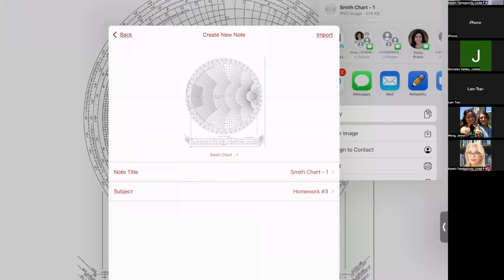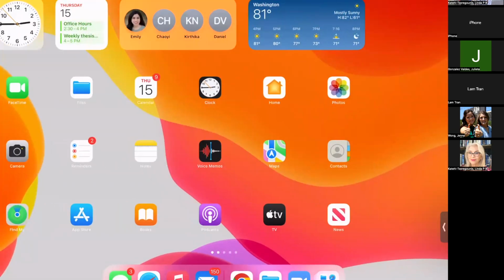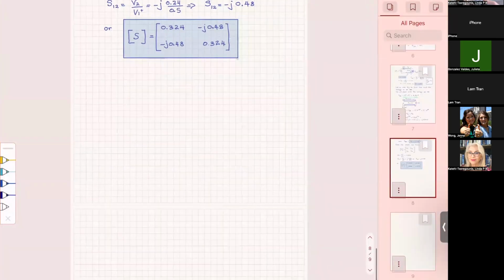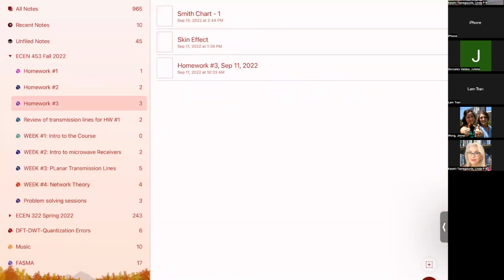All right, so we have that. So now we can go to Notability. Okay, so I'll solve a different problem, but I will do it on the Smith chart so you can see how to do this one. So let me close this one. Go to homework 3.